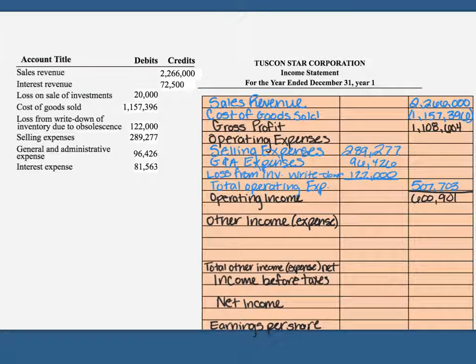So we'll plug that in. Next, we have the loss on sale of investments. We record that under non-operating as well. It's going to be $20,000.